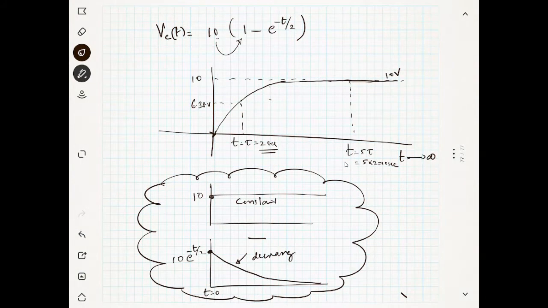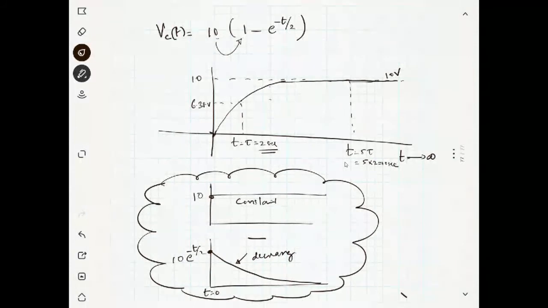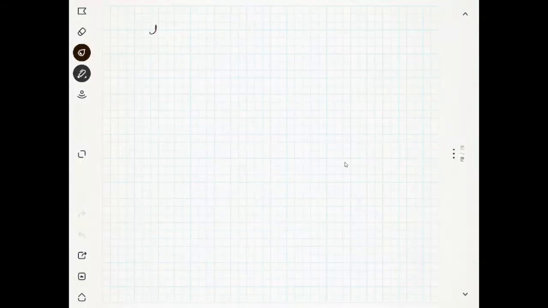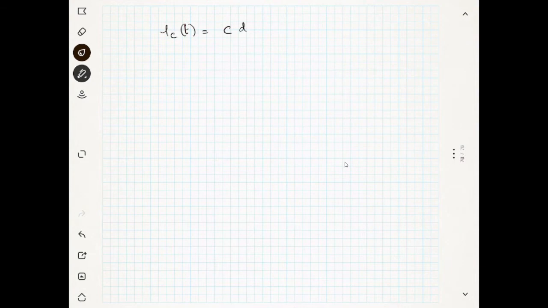Then you can see how much change there will be in the current through the capacitor. Next, Ic of t. What will be the current through the capacitor? We have already seen the voltage. Ic is C into dVc by dt. So if you differentiate the above equation, you will get 5 into e power minus t over 2.